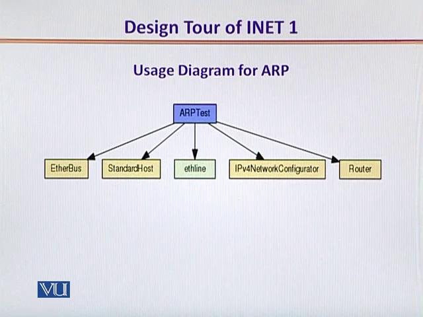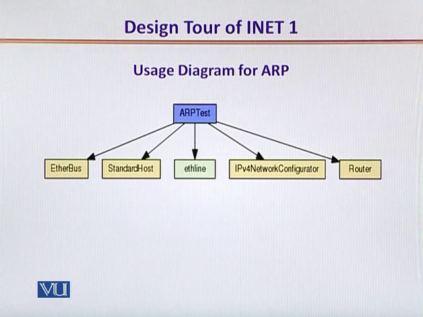When we look at the INET simulation framework, you can also look at the SourceForge MiXiM website. You will see that the ARP scenario uses the ARP protocol, which subsequently calls other C++ files and other libraries.